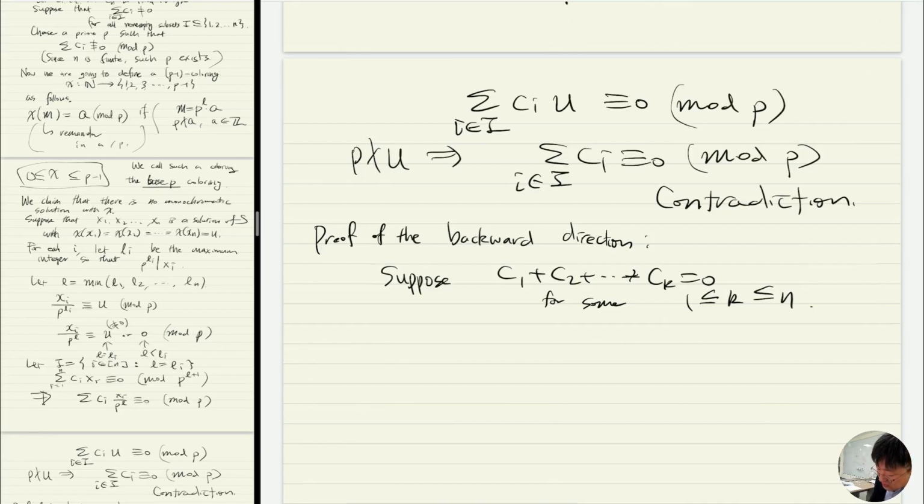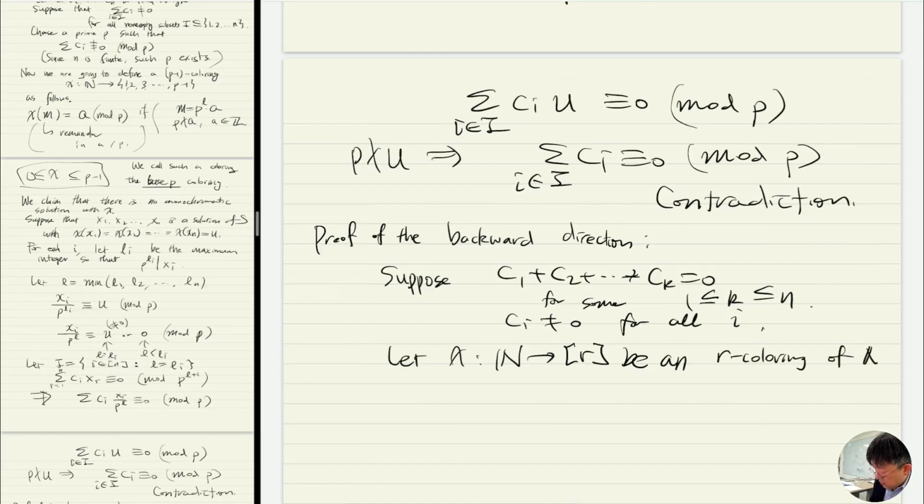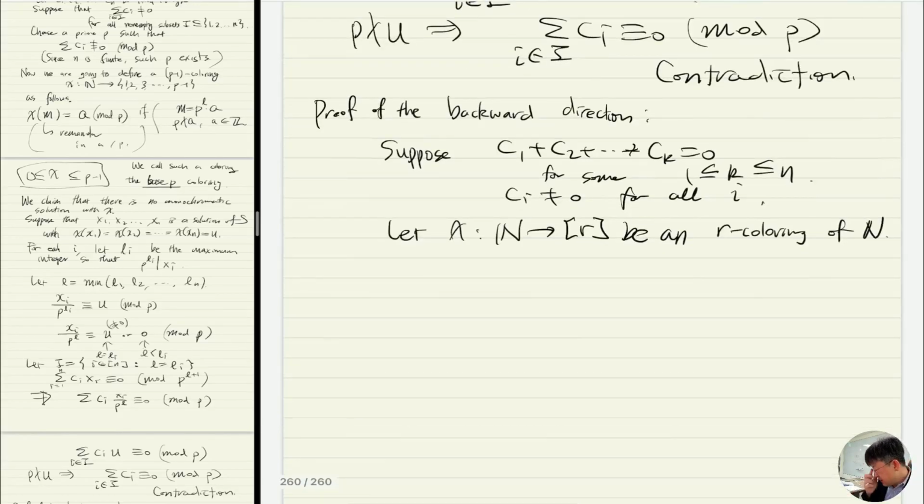And also we can assume that ci is non-zero for all i, because if I have some ci which is 0, then I can ignore that. It has nothing to do with the solution. So let chi be the R coloring. Now our goal is to find the monochromatic solutions.